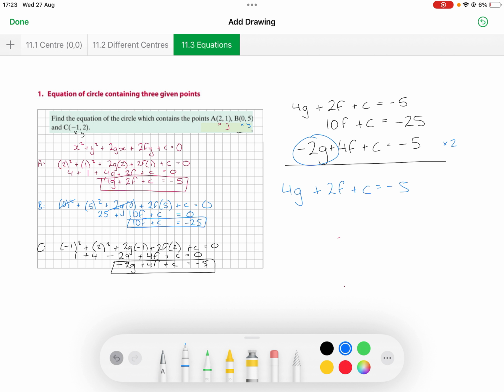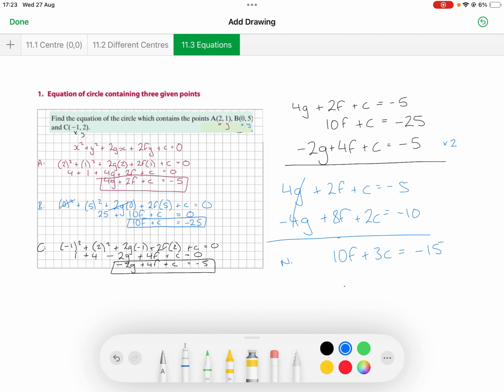So instead of minus 2g, it's minus 4g, instead of 4f, it's 8f, and instead of c, it's 2c. Again, don't forget to multiply your numbers, so that's minus 10. They're going to cancel. I'm left with 10f plus 3c is equal to minus 15.